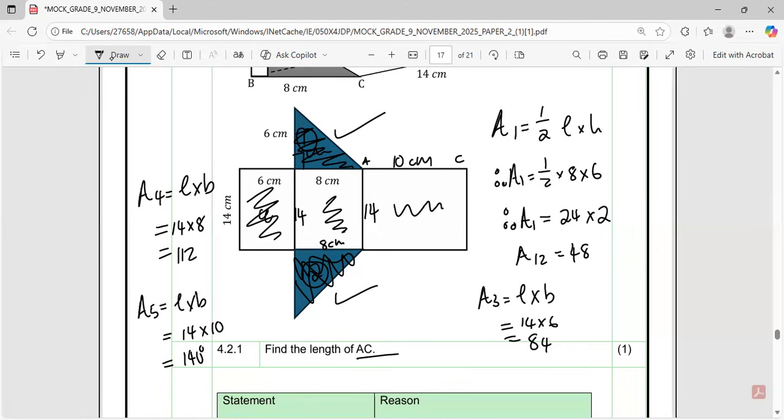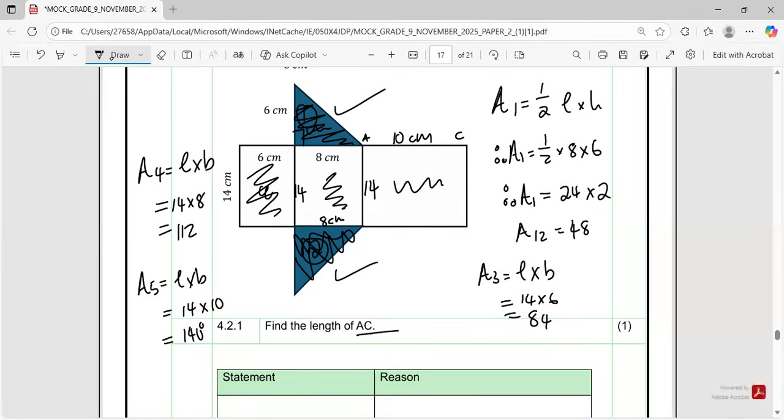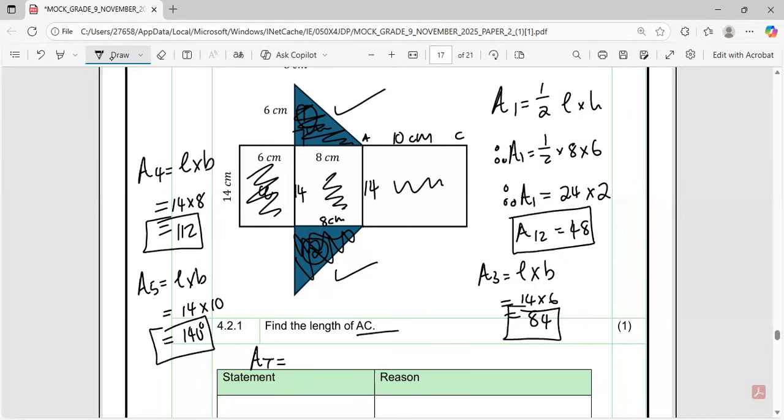Yes. So now once we know all the areas, we need to find the total area, which means we need to add all of them. So we're going to have the triangles, number 1, number 2, number 3 and number 4. So we're going to have 48 plus 84 plus 112 plus 140.